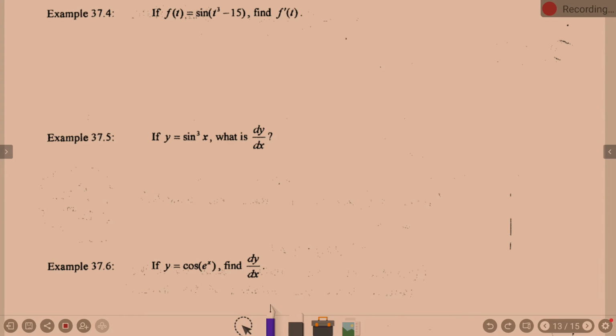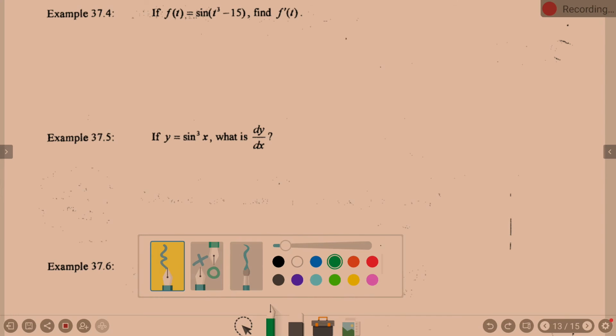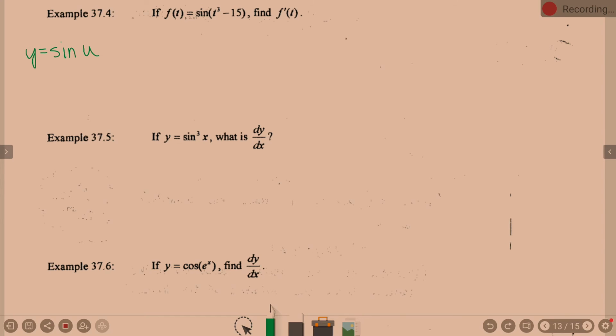So if we think about a sine of u, what is the derivative of sine of something? Cosine of something. So derivative of sine of u is cosine of u. Except, of course, it's not u. You know, we're learning chain rule. Nothing's going to be basic today.